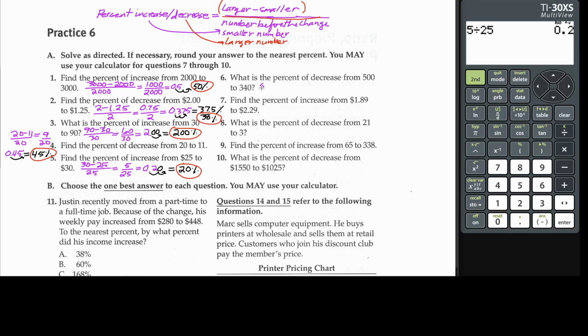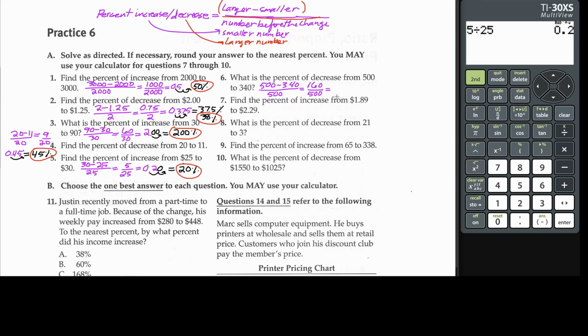What is the percent of decrease from 500 to 340? Take away 500 and 340. Divide. See, decrease means the bottom number is the larger one. If you take 340 from 500, you should get 160. Divide that by 500. Okay, let's see what that comes to.